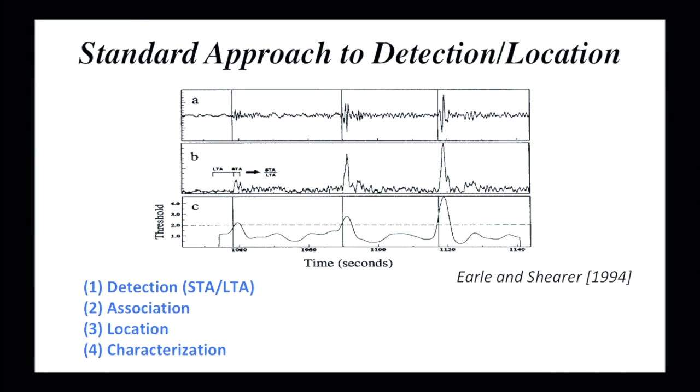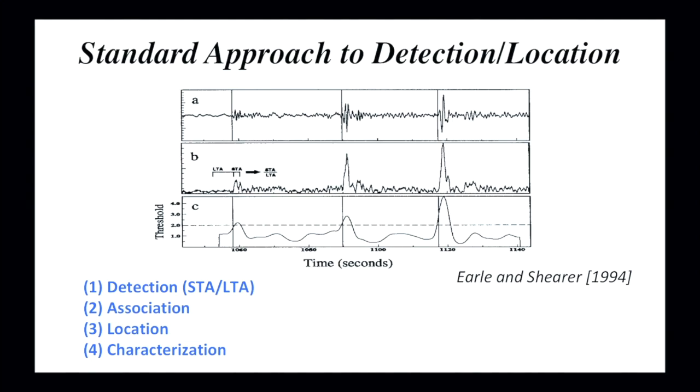The standard approach to detection or location is we look at individual streams of data, and we look for some impulsive arrival. We square the signal and take a short-term average divided by a long-term average. When it gets above a certain threshold, which depends on the noise and the recording environment, then that station says, hey, something's going on.